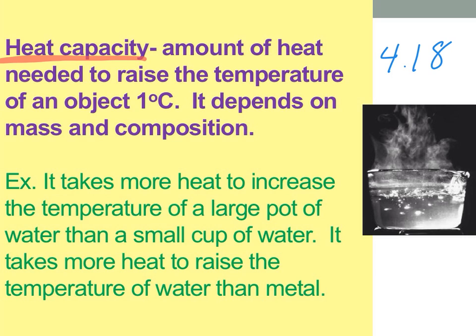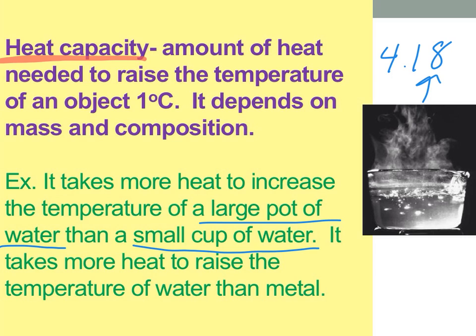Okay, but if something has a high heat capacity, that means it's going to take a lot of energy to heat that object up, or it's going to take a lot of energy to cool that object off. So for instance, if you're looking at just water, it's going to take a lot more energy to increase the temperature of a large pot of water, think of a pool, rather than a small cup of water.